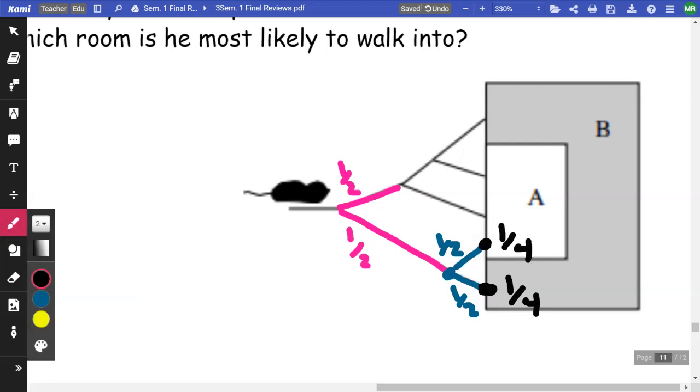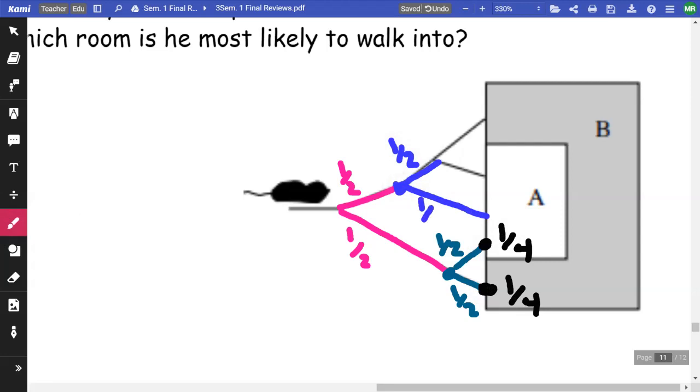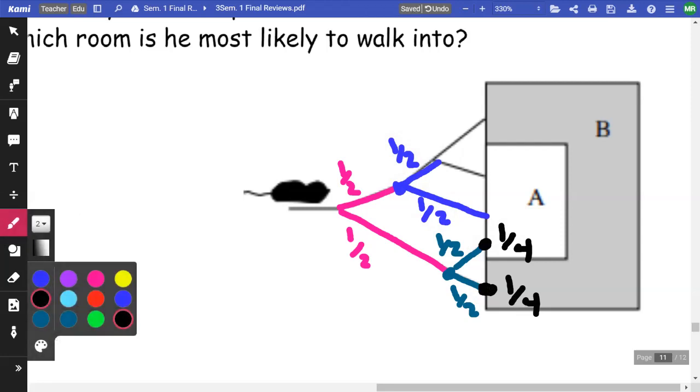Okay, so now the next thing I'm looking at is going here and here, which is another 1/2. I'll put a dot there, and a 1/2. So this one here is going to be a 1/4 again.